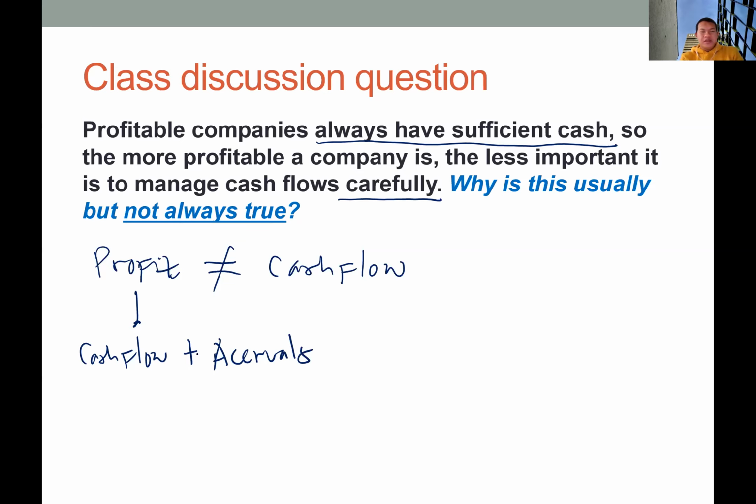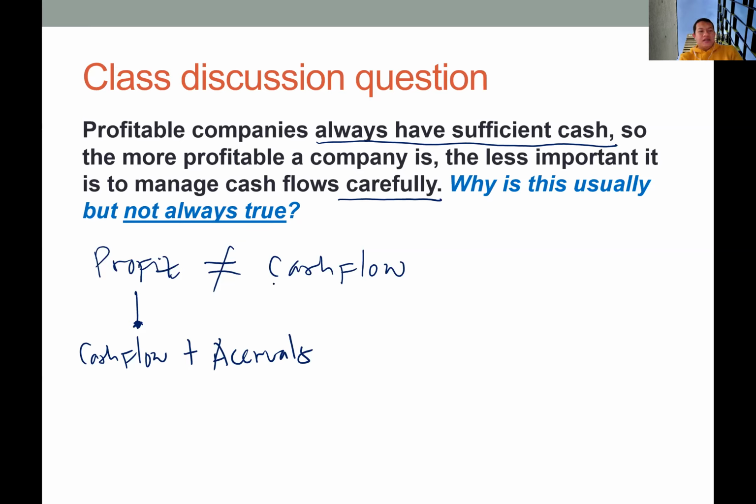So the first statement, that profitable companies always have sufficient cash, may be incorrect, because if accruals dominate the cash flow in making up their profit, this company may have less cash, but still be making profit.